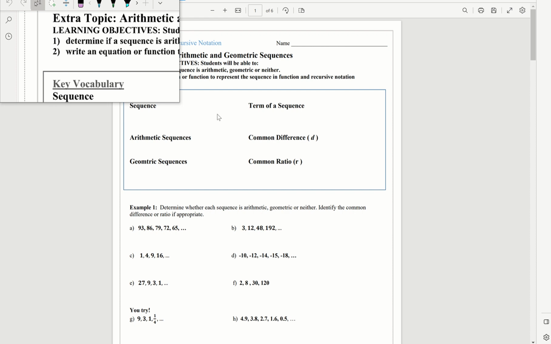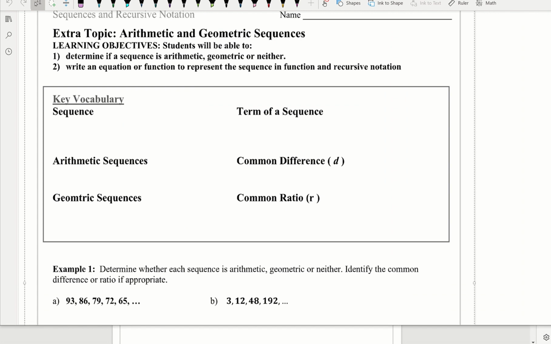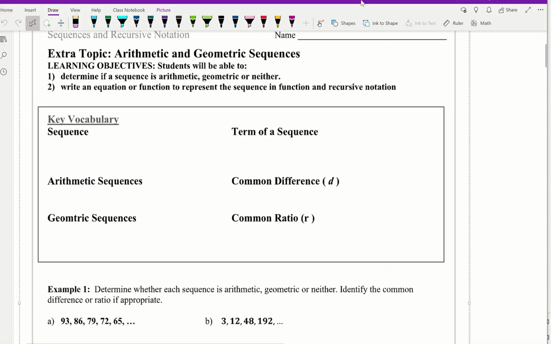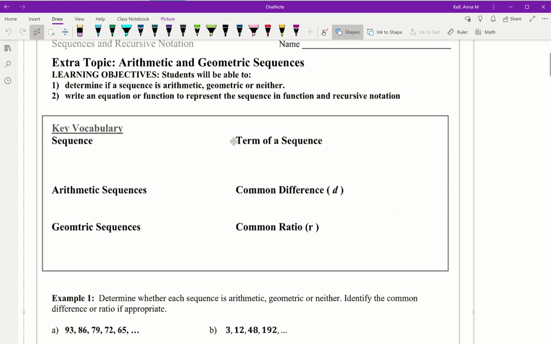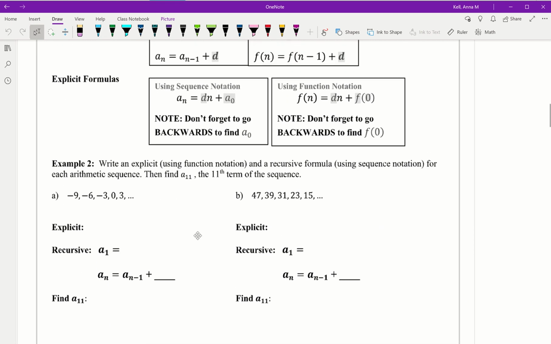So if y'all remember, earlier in the semester we did what was called explicit notation, okay? So we have covered this type of material.